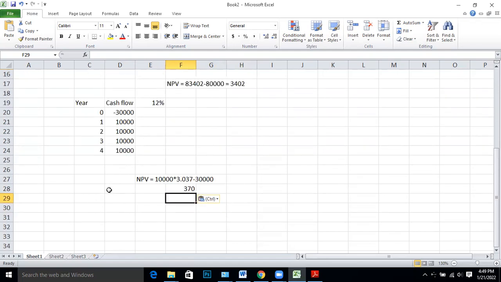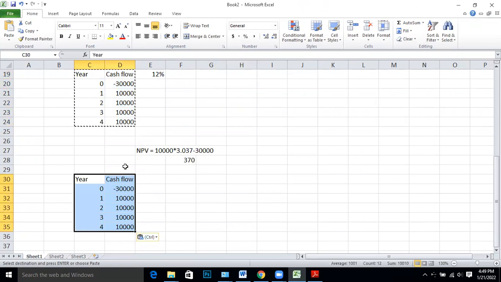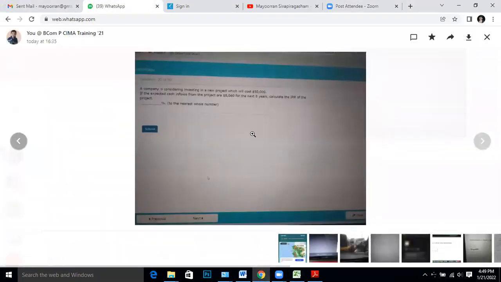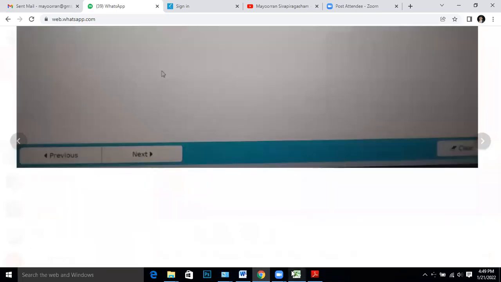Let's see another example. They have given this figure. There was this question in the mock exam where they have put minus 50,000 as the investment, and then the cash flow of 8060 every year.